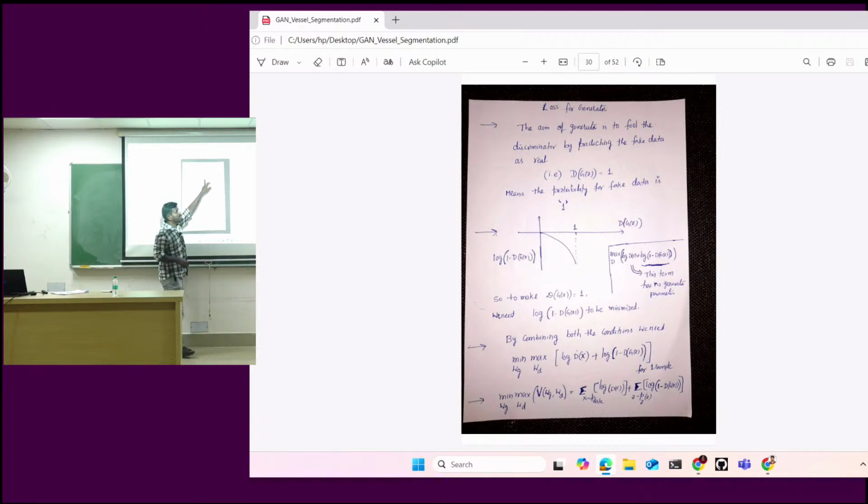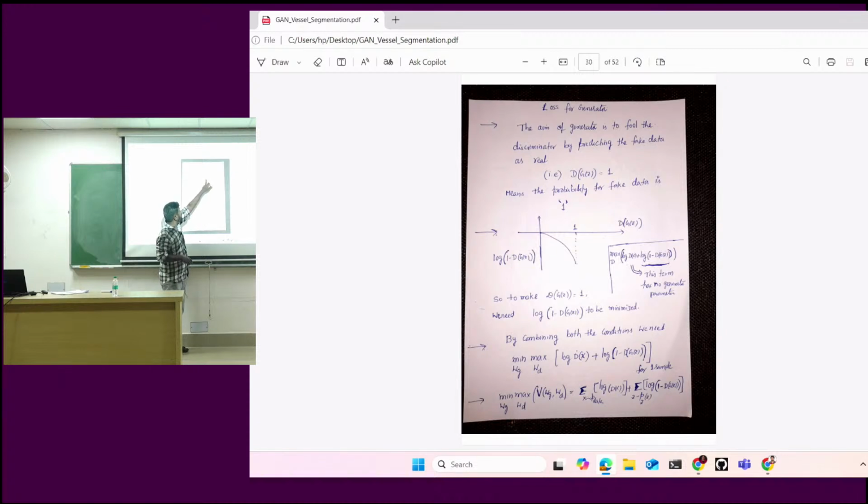The generator generates the fake sample, and the generator wants the discriminator to give probability 1. The generator wants the discriminator output to be 1 for the sample generated by the generator.